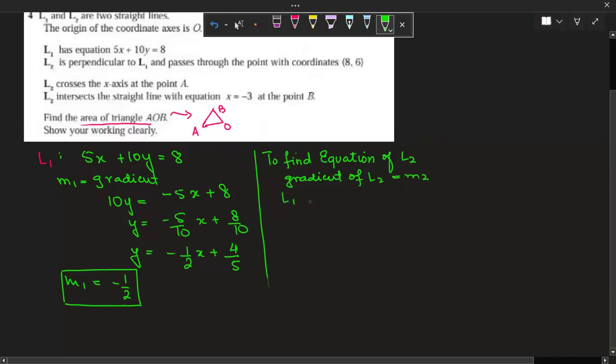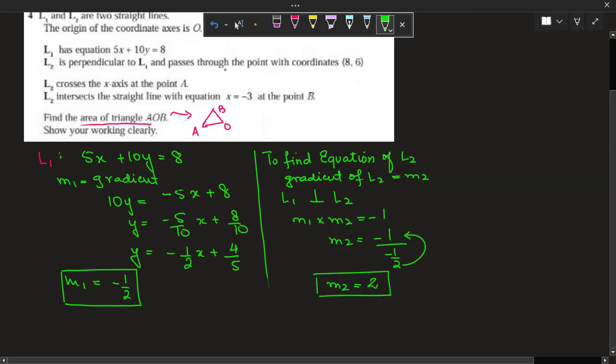And what is the relation between L1 and L2? They are perpendicular. So I can use this condition: M1 times M2 equals minus 1. This is always used when two lines are perpendicular. So I substitute the value of M1, minus 1 by 2, shift this over, and I get M2 equals 2.